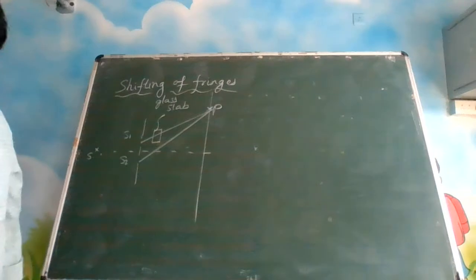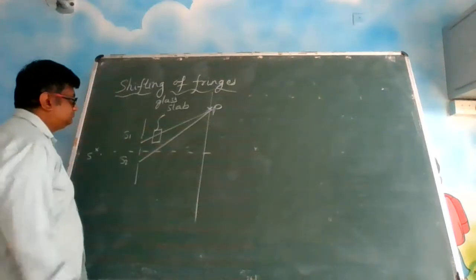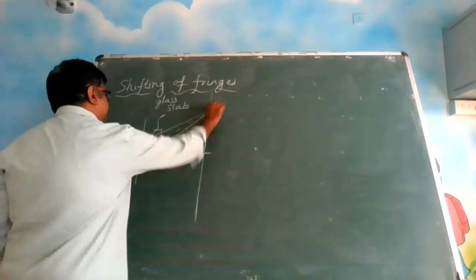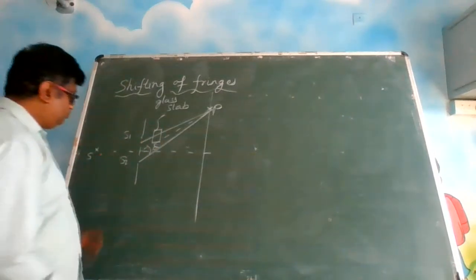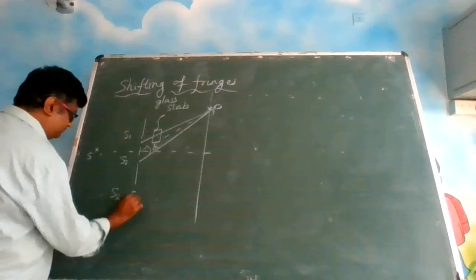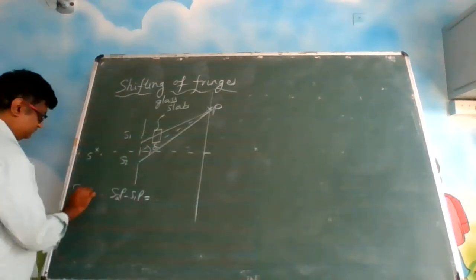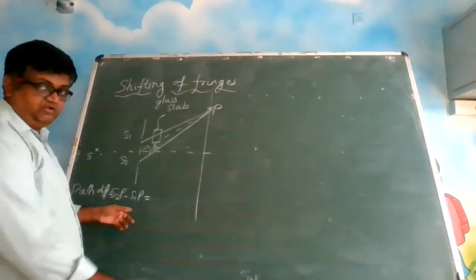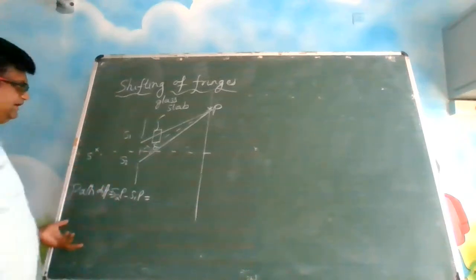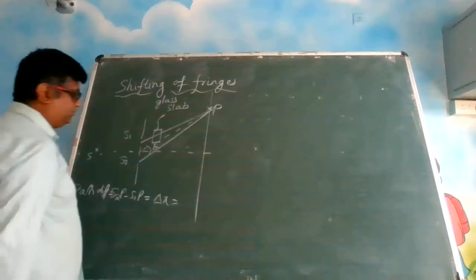Now because we have put it like this, let us say this is my theta. Now S2P minus S1P is my path difference. It is also called delta X. So delta X is equal to how much?